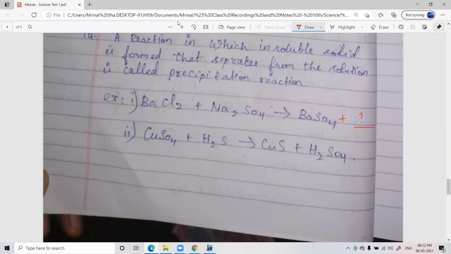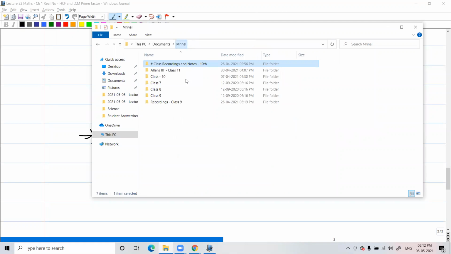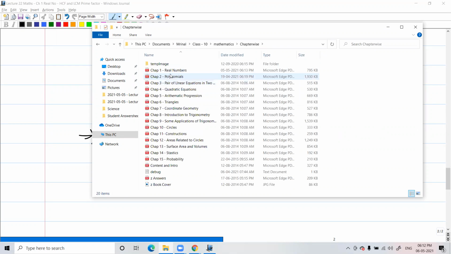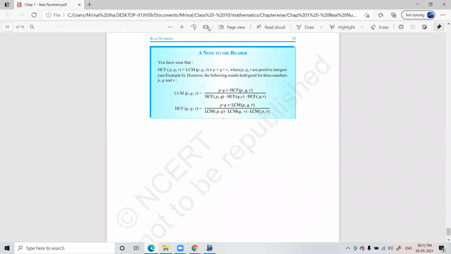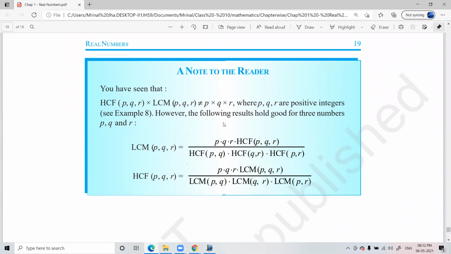Okay, let me show you the formula. Okay, you see here, this is your formula basically.